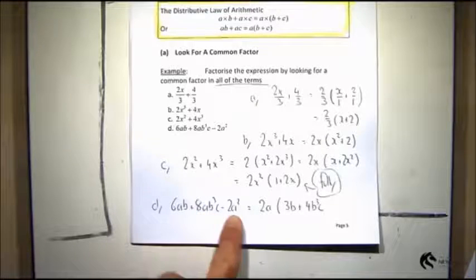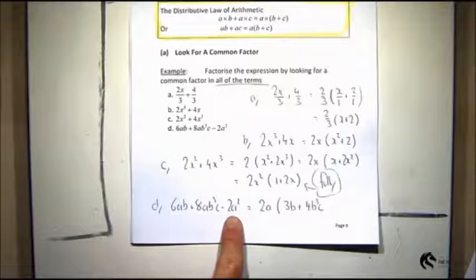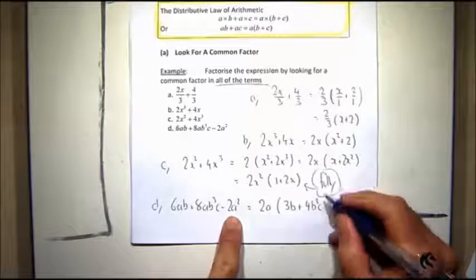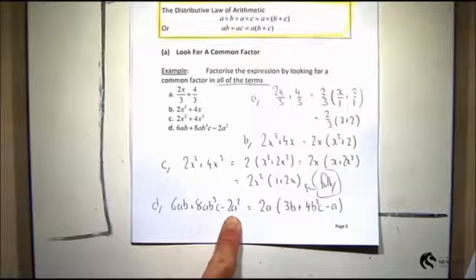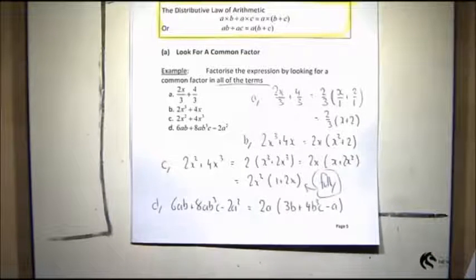And lastly, what have I got to multiply 2a by to get minus 2a squared? And I guess the answer is minus a. And there is that expression factorised.